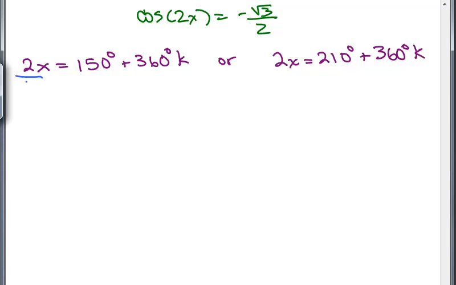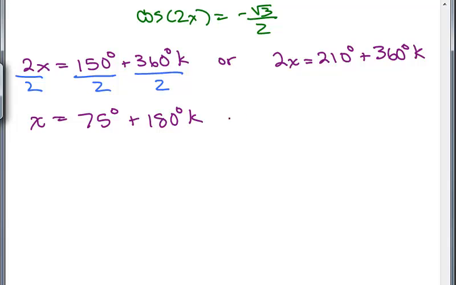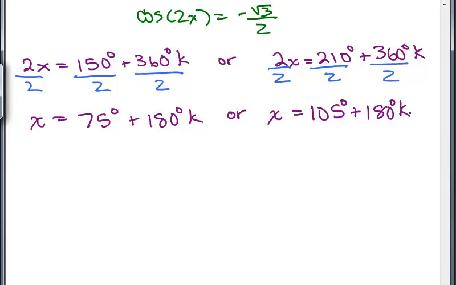So we divide the left side by 2 here, and we have to divide each of these terms by 2, and that gives us 75 degrees plus 180 degrees k. We also have to divide by 2 for the second possibility: x equals 105 degrees plus 180 degrees k.